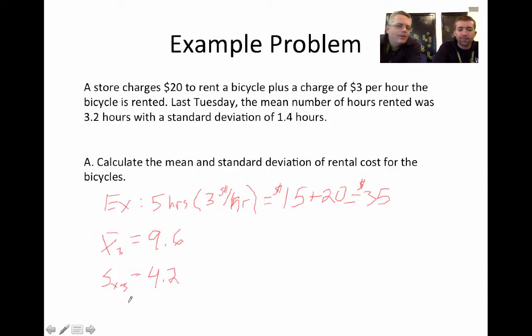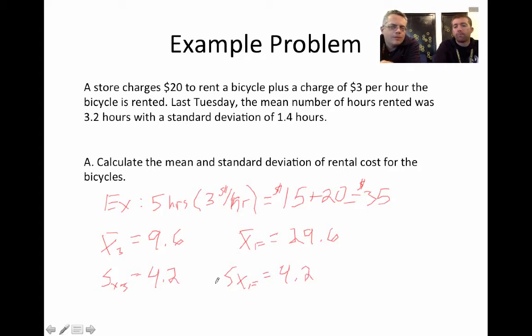Now we've got to think about adding 20 to all the data. So if we added 20 to all the data, the final mean would be 29.6. But adding 20 doesn't affect the standard deviation. So the final standard deviation would still be 4.2.